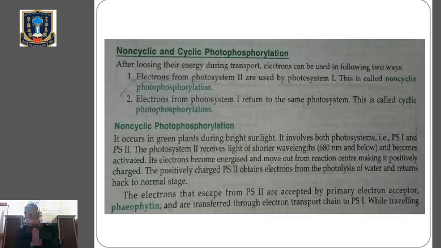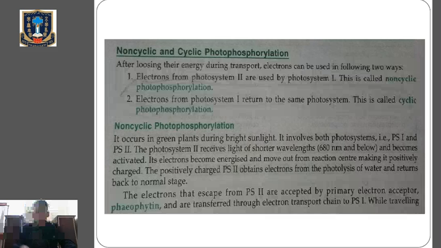So let's talk about the non-cyclic photophosphorylation. This non-cyclic photophosphorylation occurs in green plants during bright sunlight during daytime, and it involves both PS1 and PS2. Clear? So PS2 will receive the light of wavelength 680 nanometer and it becomes excited, and when it becomes excited, the electrons will be emitted from it, and those electrons will be charged, and the electrons from the PS2 will be utilized for the photolysis of water and will come back to the normal state.